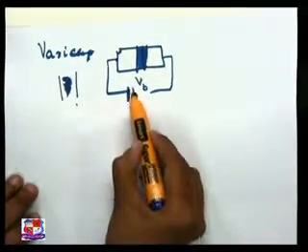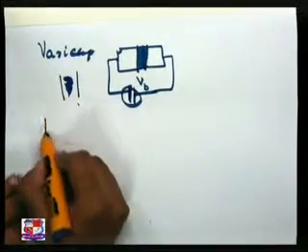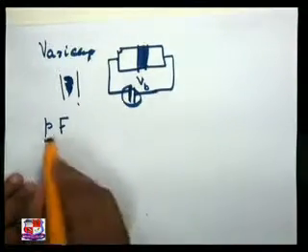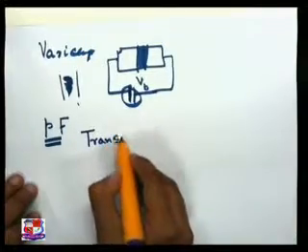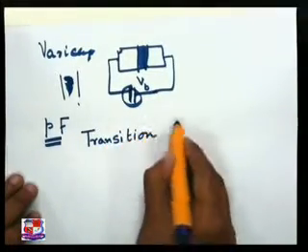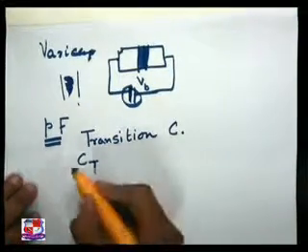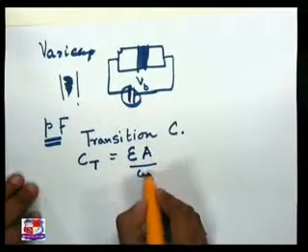If we measure the capacitance of this diode, then we can have a capacitance of the order of picofarad. And this capacitance is called transition capacitance, say CT. CT can be given by epsilon A divided by W.